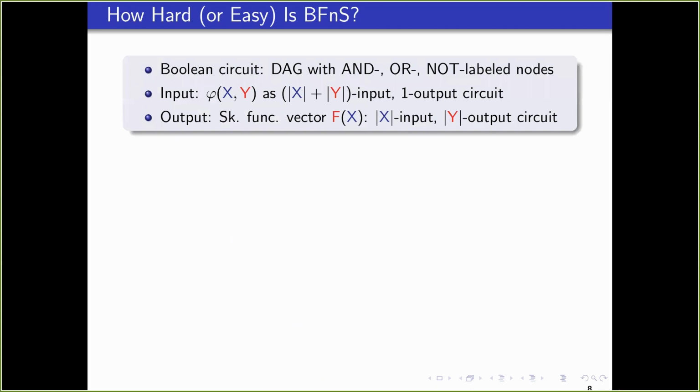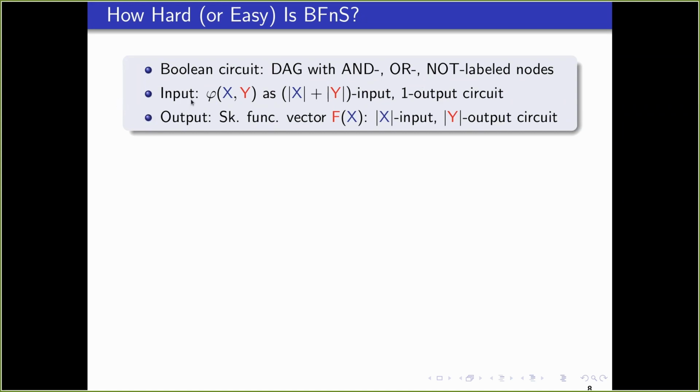Okay, so how hard or easy is this Boolean functional synthesis problem, which I denote as BFnS? In order to answer this question, we have to first agree on how the specifications and the Skolem functions will be represented. So we agree that we are going to represent these as Boolean circuits, which are DAGs with and, or, and not labeled nodes.